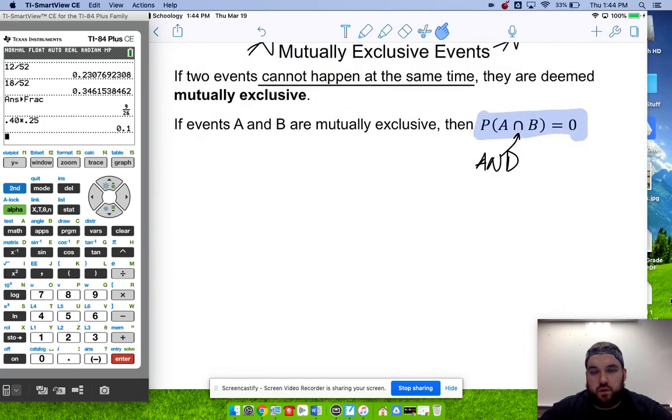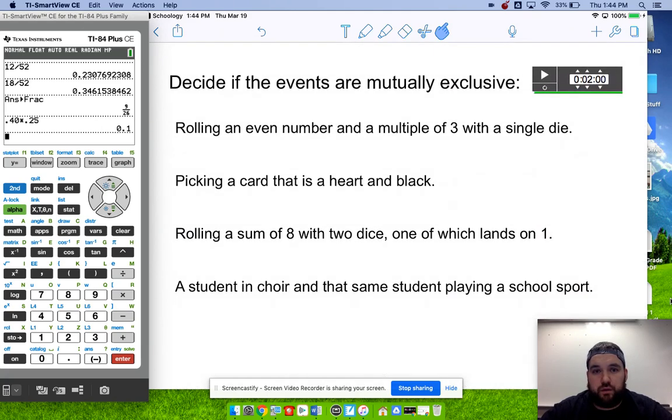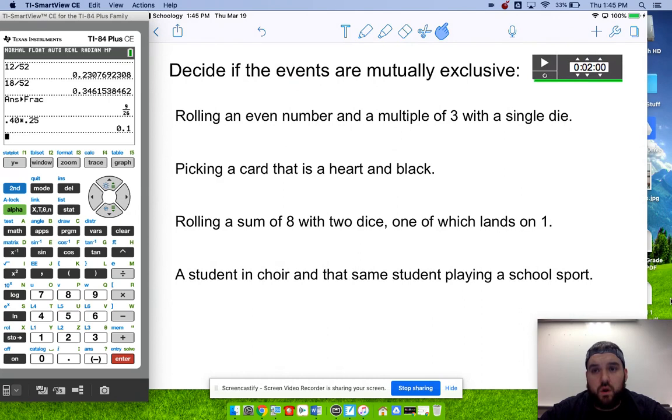Okay, so mutually exclusive events, they cannot both happen. So what I'd like you to do is pause real quick, take a couple minutes, and just decide yes or no. Are the two events listed mutually exclusive? Meaning, can they both occur in the same trial of an event?